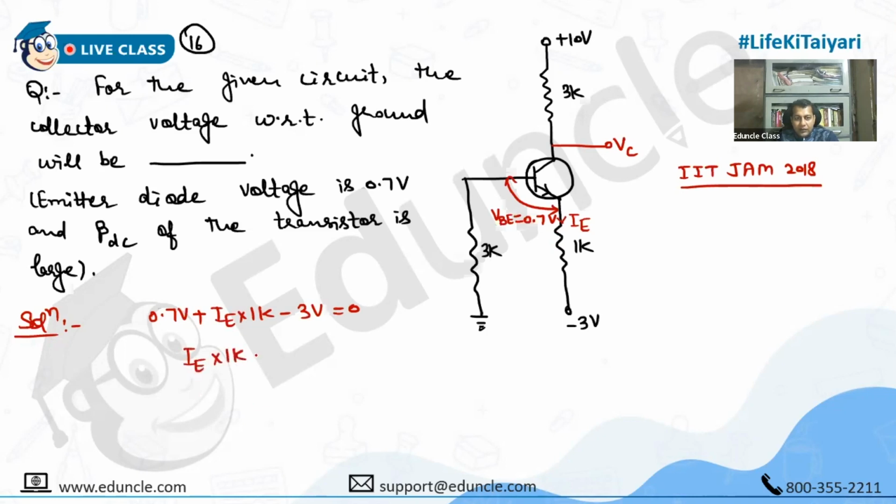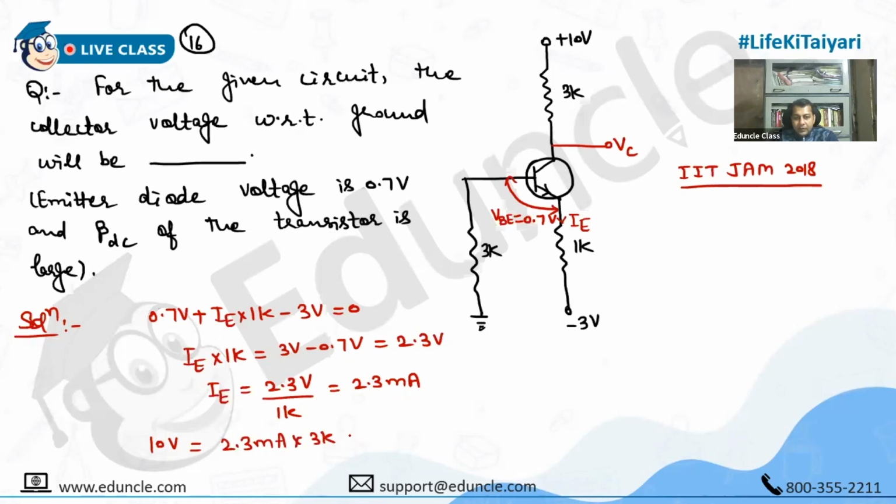So IE into 1K... So now 10 volt equal to 2.3 milliampere into 3K plus VC, na?